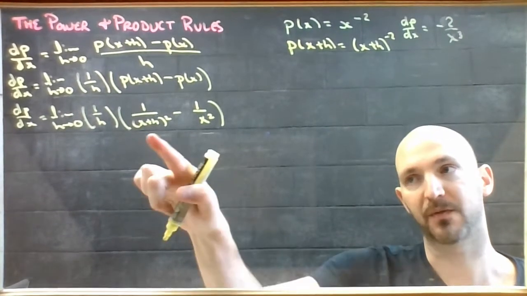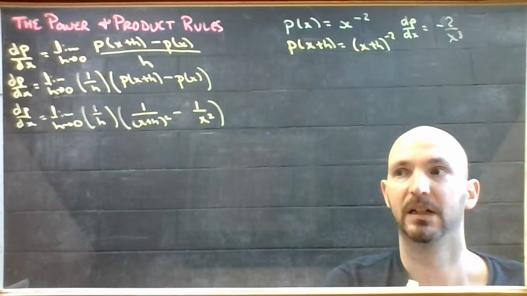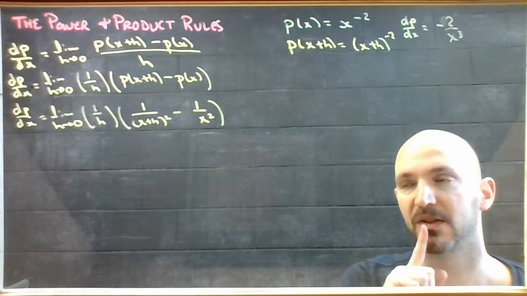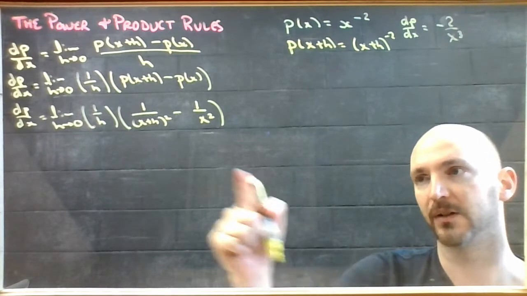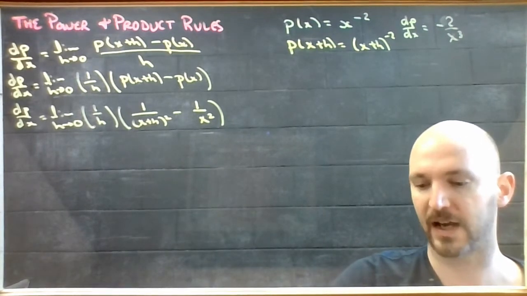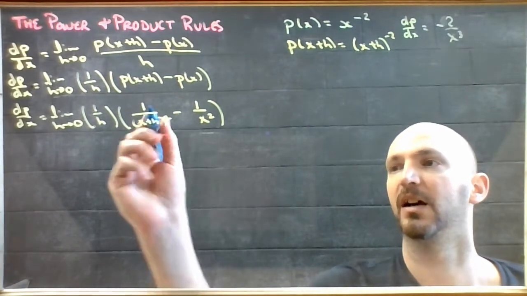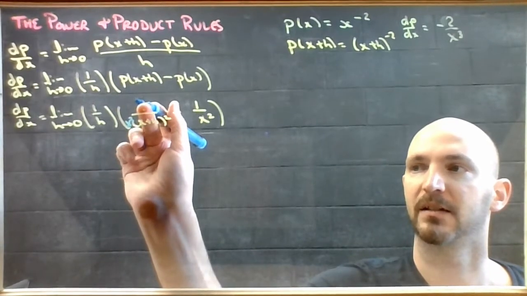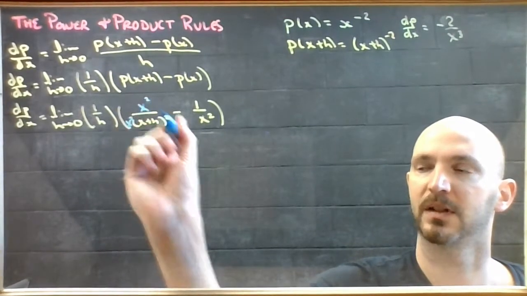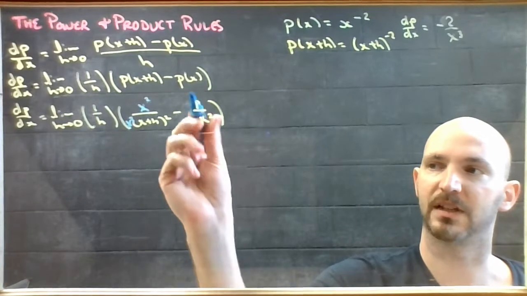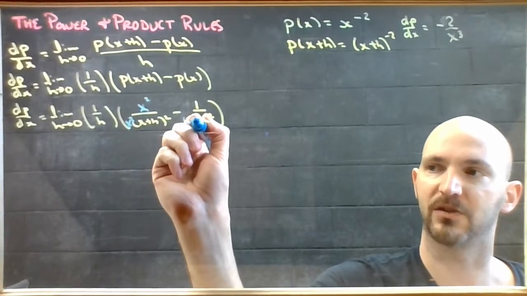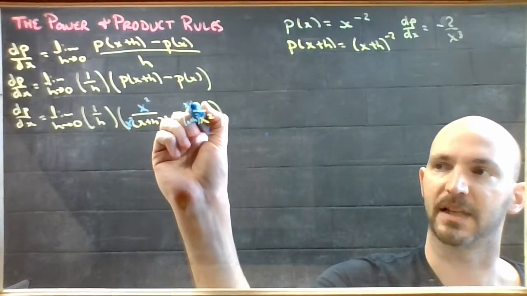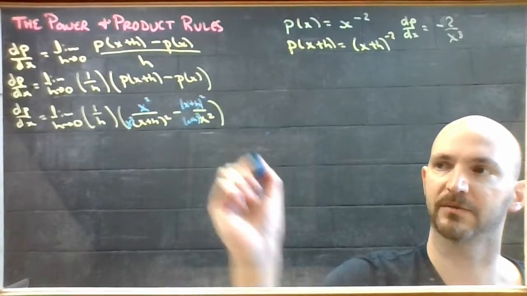So I have a fraction subtract a fraction. Now you've got an algebra tool to use there. That's common denominators. So in order to get a common denominator, this piece needs to have an extra factor of x squared in this fraction. So that will make this x squared. And this fraction needs a factor of x plus h squared. That will make this x plus h squared.